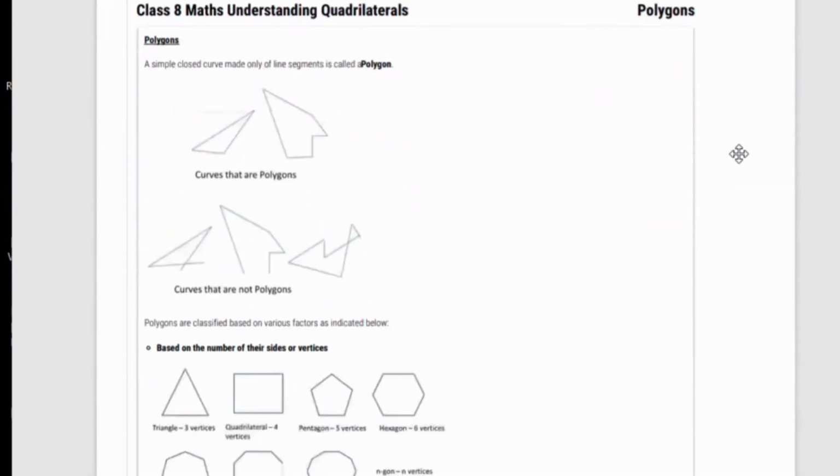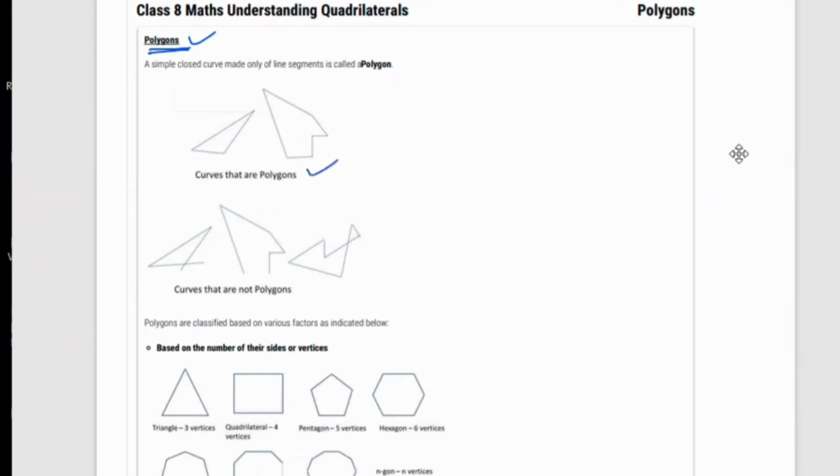Next, important definitions. Polygons. What are polygons? A simple closed curve made up of only line segments. See, these curves are polygons, meaning these curves are made up of only line segments.